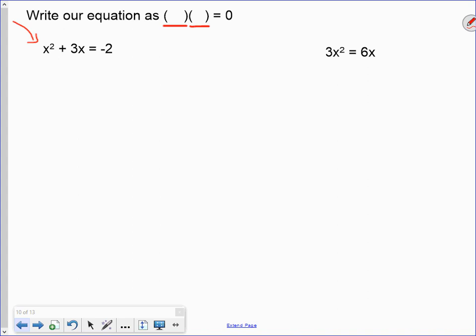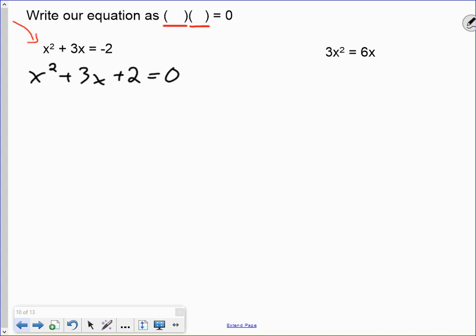This quadratic equation is not in that form, something on the left side equal to 0. So before we do anything towards trying to solve this, we're going to rewrite this by moving that -2 to the other side. We're going to add 2 to both sides to get x squared plus 3x plus 2 equals 0. Now we can go ahead and factor this as a trinomial.